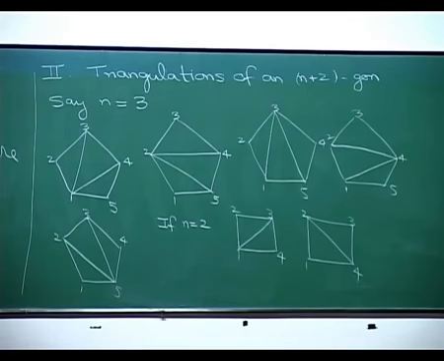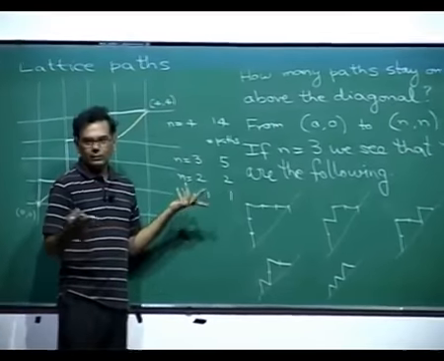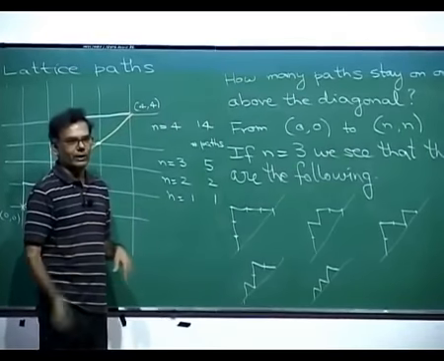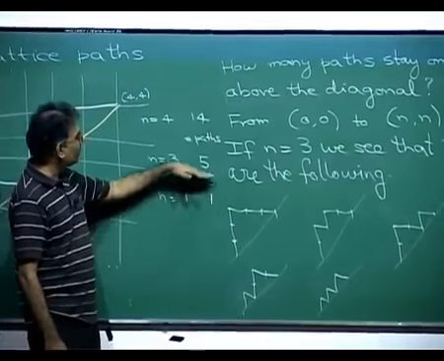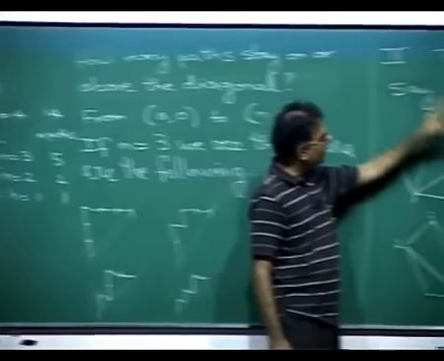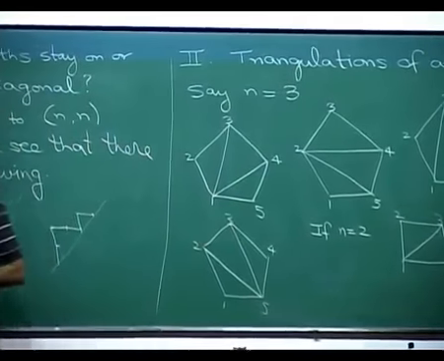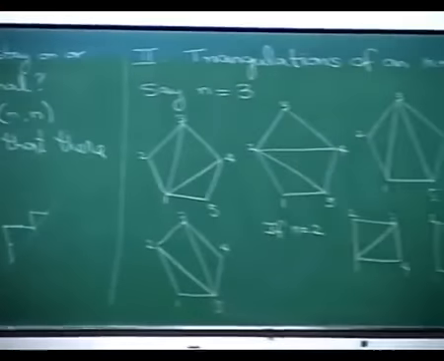So that sequence somehow seems to agree with this sequence 1, 2, 5, 14. Of course, when n is 1, you have a triangle. You don't need to draw any diagonal, there is only one way, it is already a triangle. So you have 1, 2, 5, 14 arising in this context. You also have 1, 2, 5, 14 arising in this context, triangulations of an n plus 2 gon. Okay, so that is 2 problems in which this sequence arises.